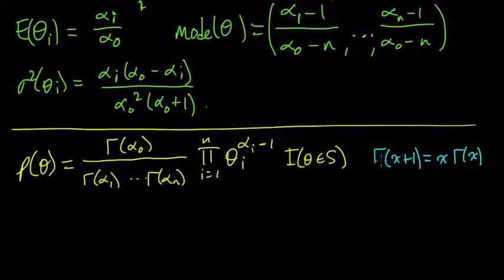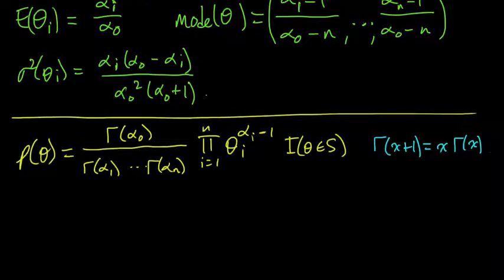In fact, it can be extended to the whole complex plane. Well, it's meromorphic on the complex plane. But for our purposes, we just need x to be a positive number. This is just a property of the gamma function. You can look up the gamma function if you don't know what that is. And we're going to use that.